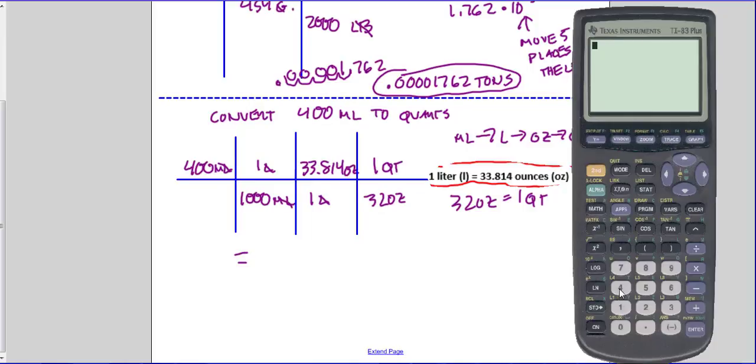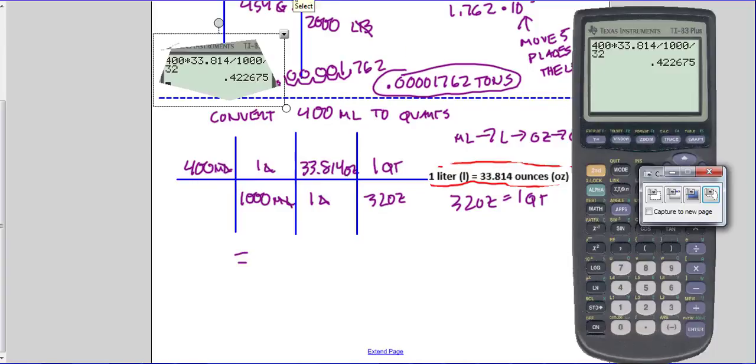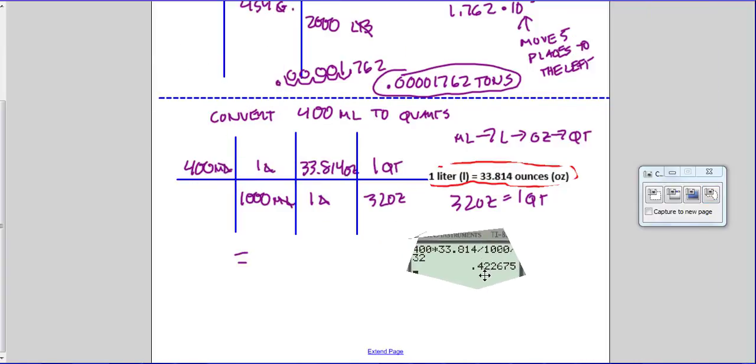So I have 400 times 33.814 divided by 1,000 divided by 32. That leaves me 0.422675 quarts.